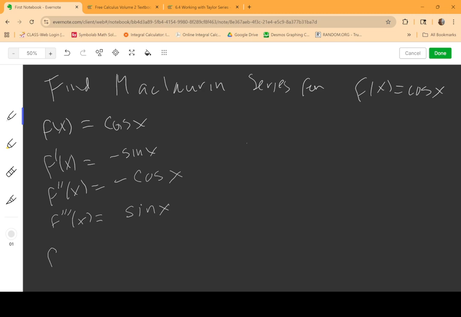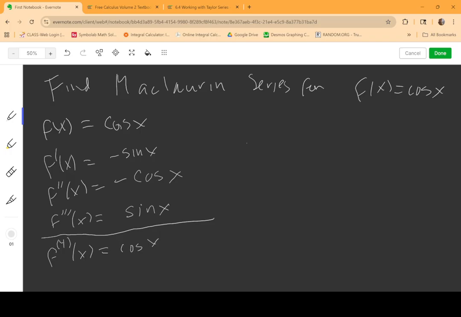Right, and then the fourth derivative, we're back to cosine of x. And we can really see at this point that it's just going to cycle again, if we're back at the beginning. So we have a complete cycle here, so we can just have the first four derivatives. We know it's just going to repeat here.